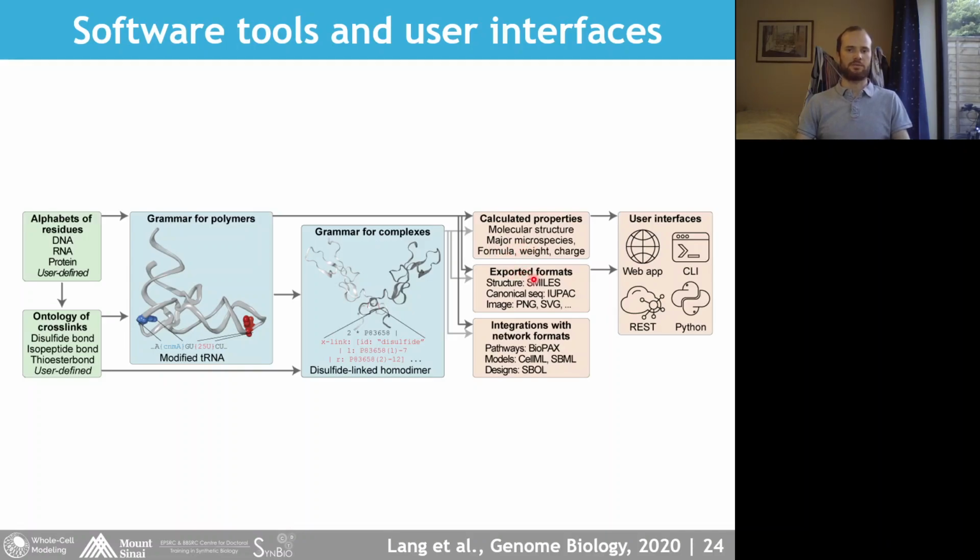You can also export the formats into SMILES, for instance, or FASTA, and you can integrate your polymers into pathways like BioPAX and models like CellML and SBML. BpForms comes with 4 different user interfaces, namely a web app, a command line interface, a REST API, and a Python API.